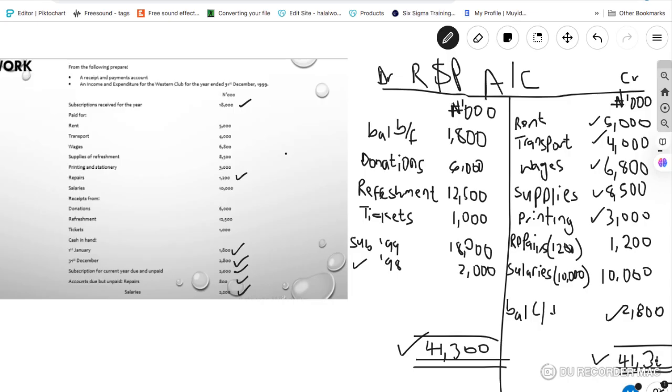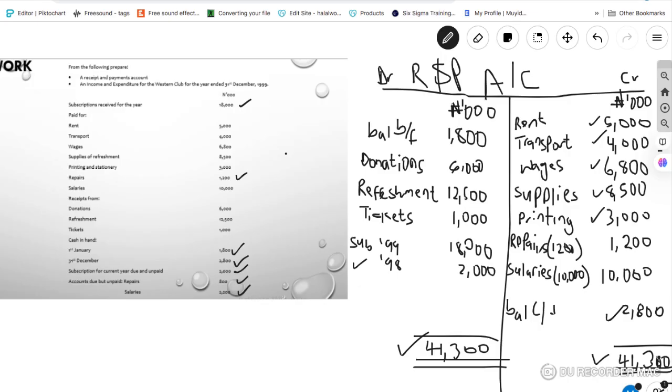So you can see what happened while we were preparing the account. That is the reason why you need to understand the concepts that guide how to prepare the receipt and payment account. Once you know the concept, you can see that when we started adding up, I had added the elements of accruals in the R&P, but this shouldn't be there.